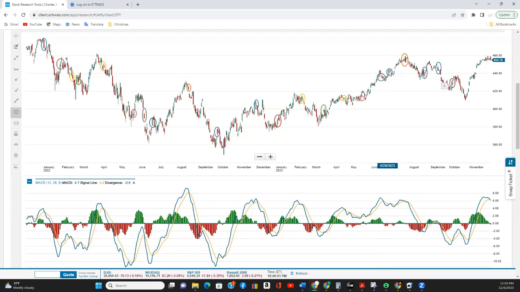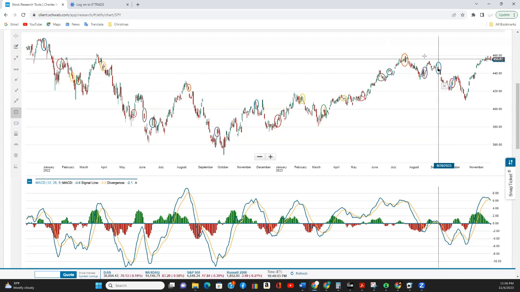We had a bearish cross, and then the share price rose before we had a bullish cross again. But then this next instance shows a drop in share price, and this last one shows another drop in share price after the bearish cross and before the next bullish cross on the MACD.